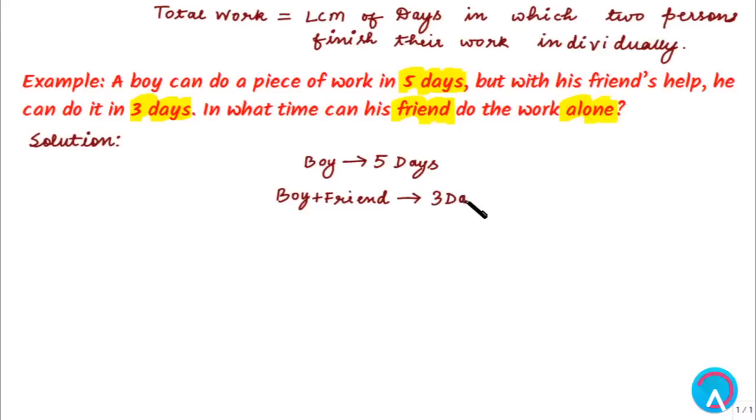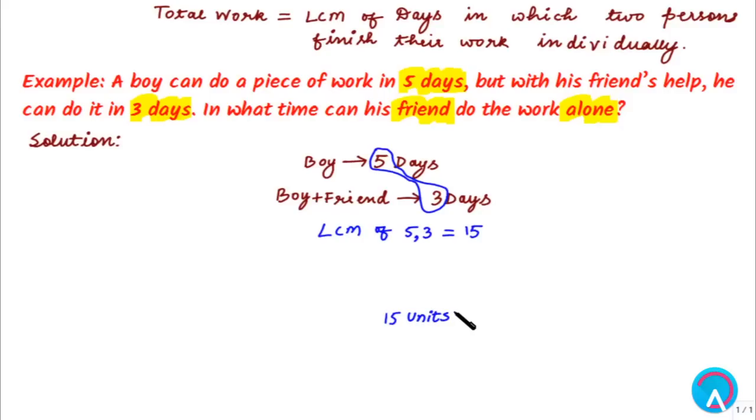Naturally, now the number of days taken will be less. Next thing here is that we should find the LCM of 5 and 3. LCM of 5 and 3 will be 15. Once we've got the LCM as 15, we can assume that the total work was 15 units.